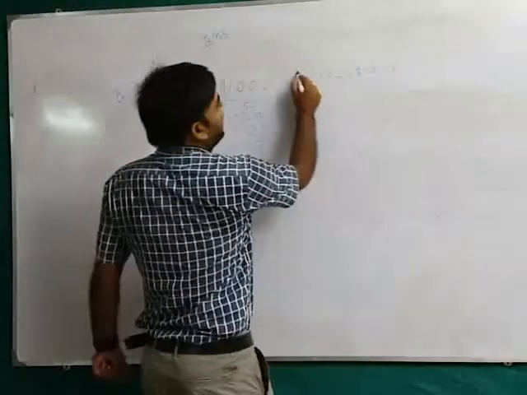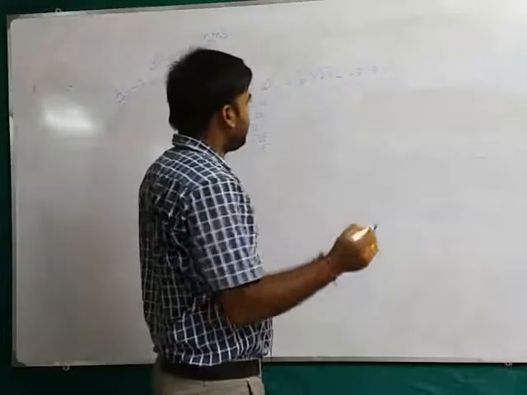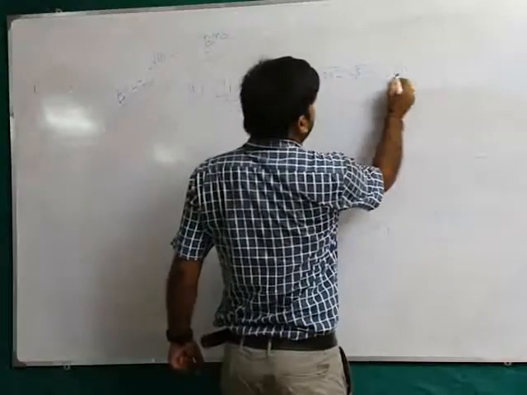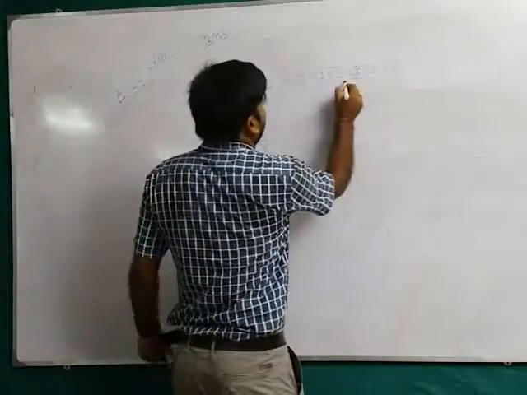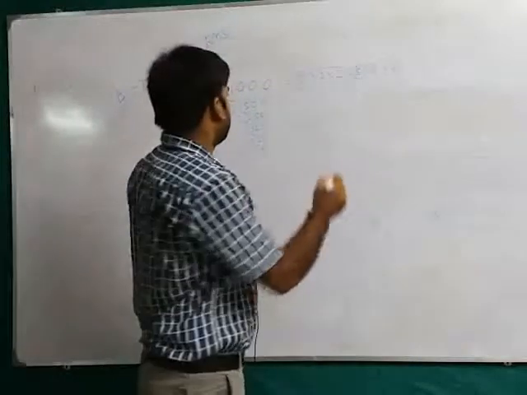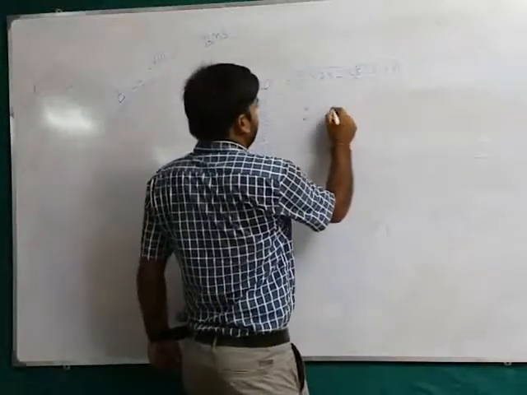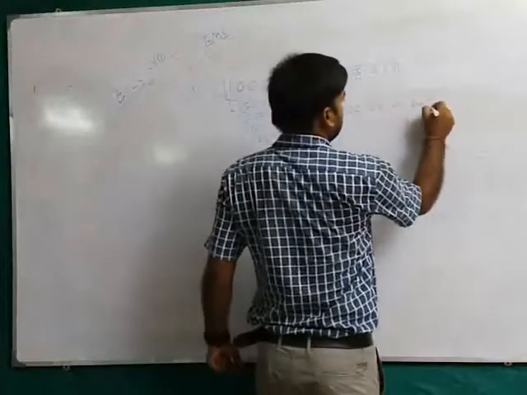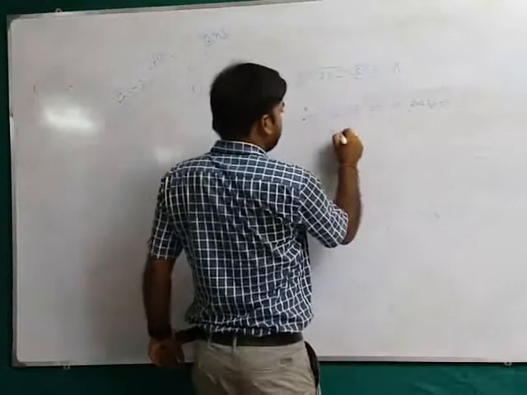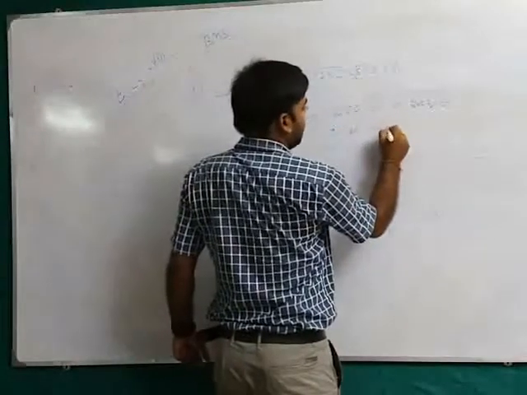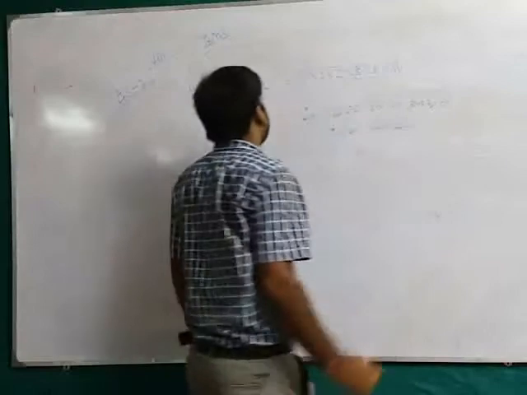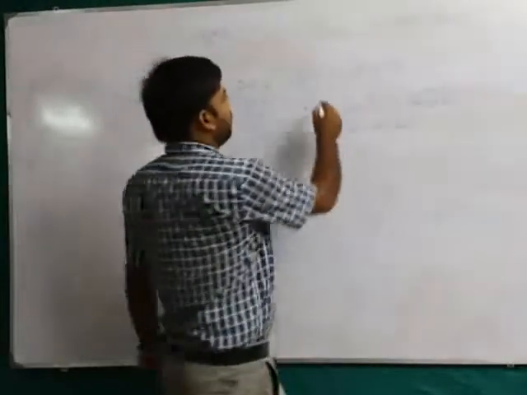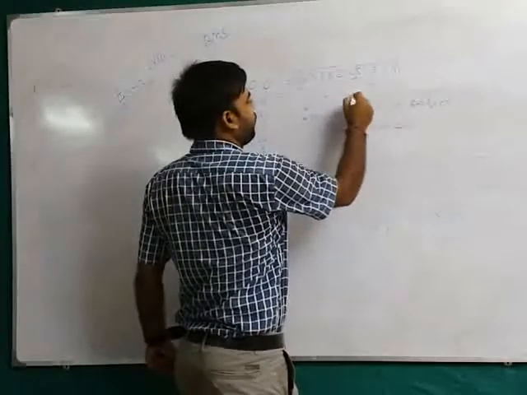That is the first triplet of 2, and the second triplet is made by 5. So the factors are in triplet form. So 1000 is a perfect cube number, and the cube root of 1000 is 10: 2 from here and 5 from here, 2 into 5 is 10.